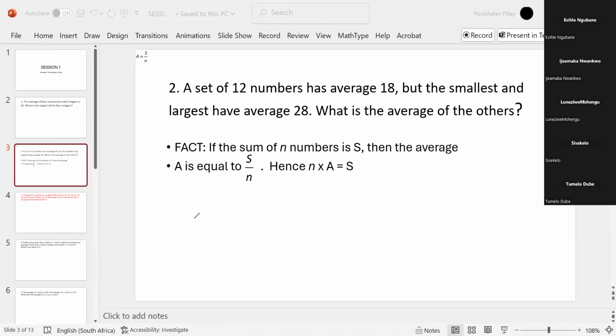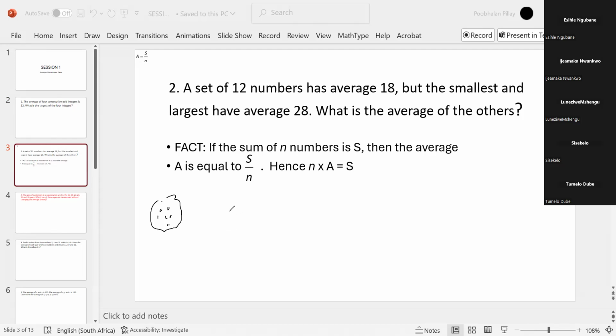So what have we got? We've got 12 numbers. You don't need to give them names, but you can just think of 12 various numbers. The average is 18.